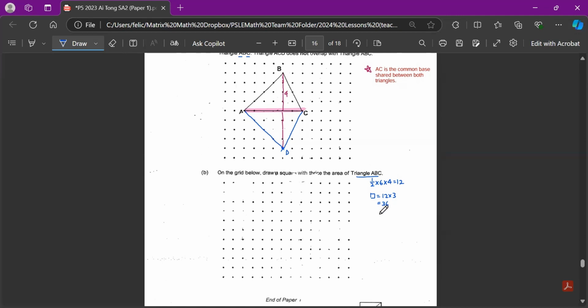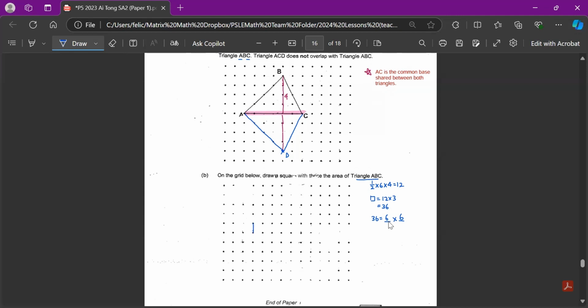To get 36, you've got to think of 36 equals what times what, because a square has equal sides all over. So 6 times 6, which means I need to draw a square with 6 units on the vertical side, 6 units on the horizontal side. Length 6 units, breadth 6 units.